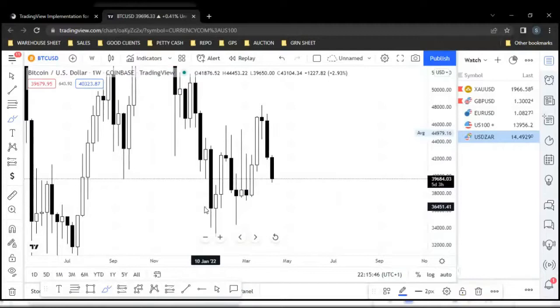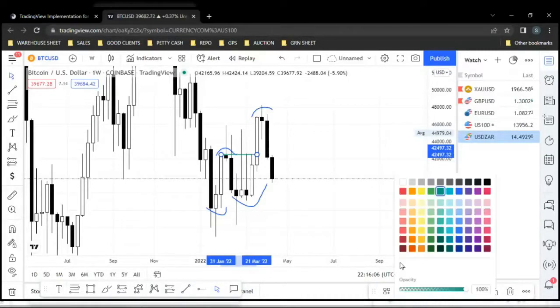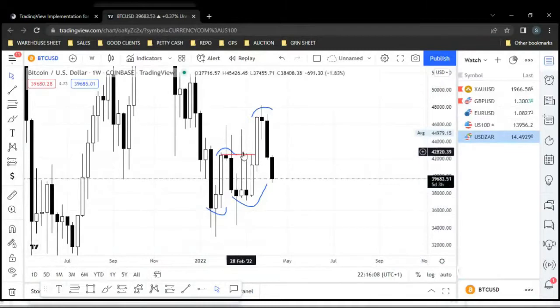Structure: high, low. The high is closed above this. There was a break of structure here, and it went high above it again. This is a break of structure.